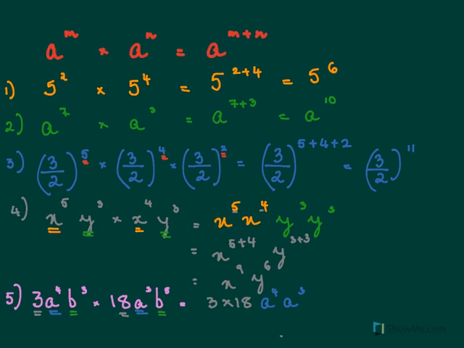Then we have b and b, so this would be b raised to 3, b raised to 4. So 3 into 18 is 54. Here a raised to 4, a raised to 3, so 4 plus 3, and here b, 3 plus 4, so it will be 54, a raised to 7, b raised to 7.